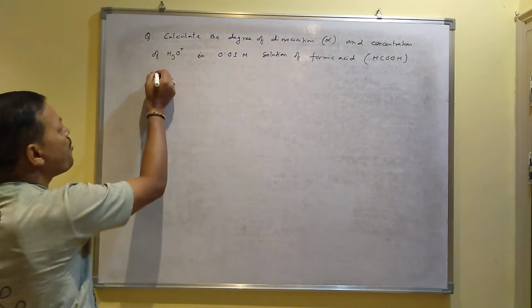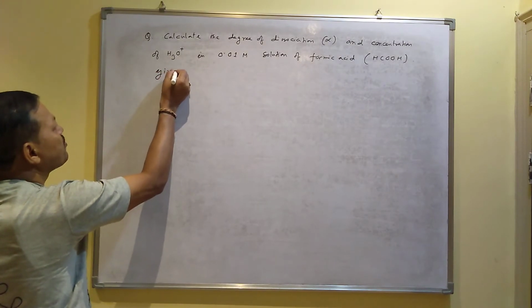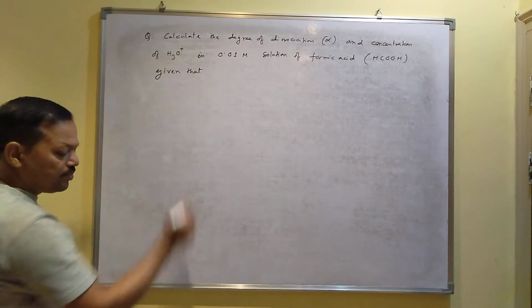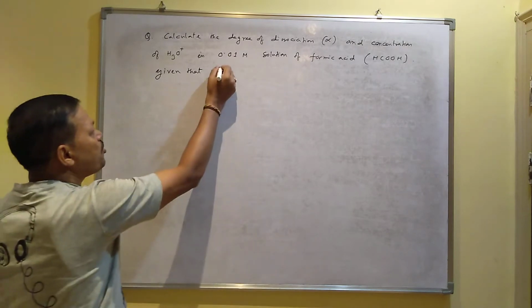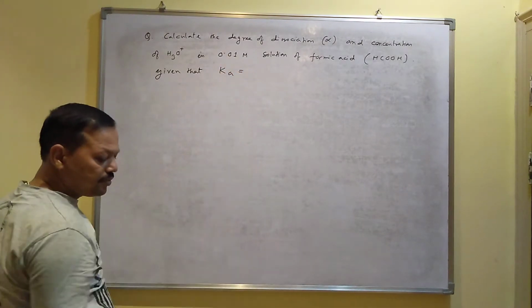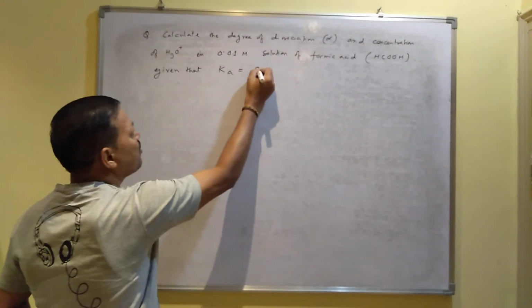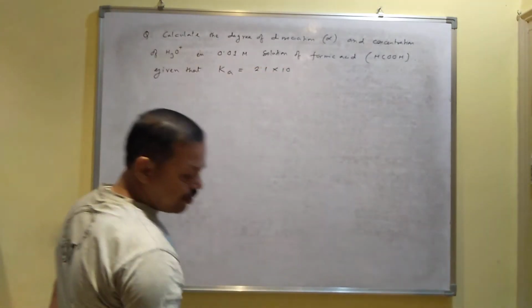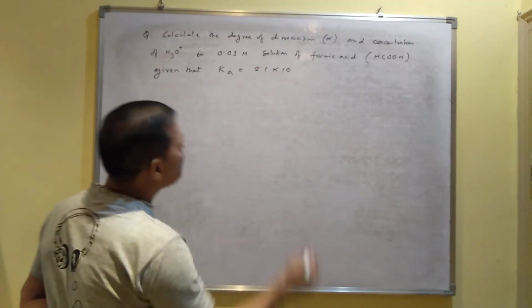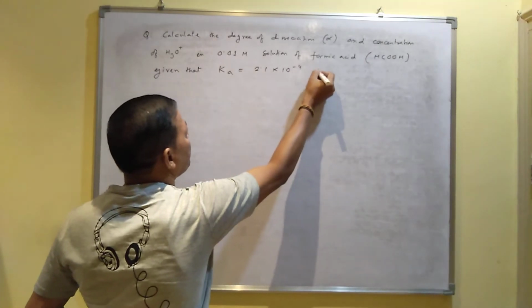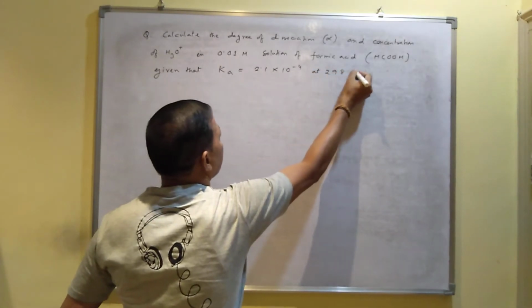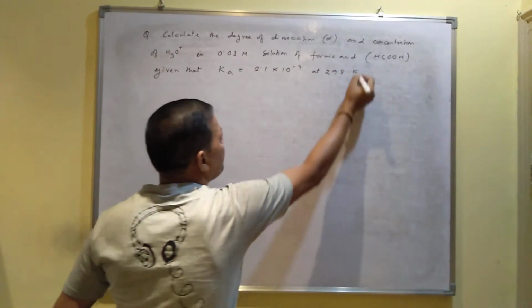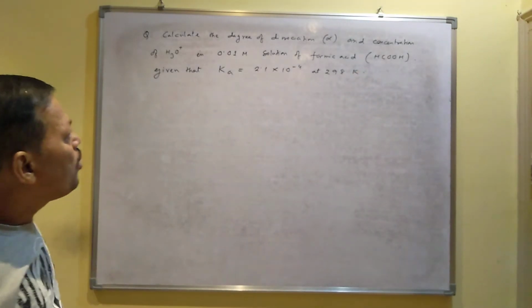Given that the dissociation constant Ka is equal to 2.1 into 10 to the power minus 4 at 298 Kelvin temperature. This is given. So what do you have to determine?